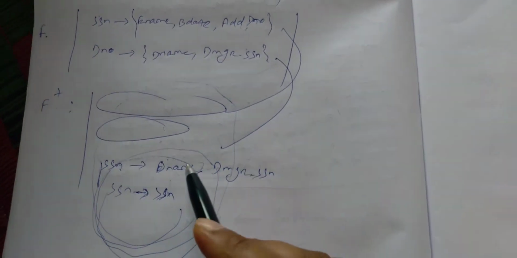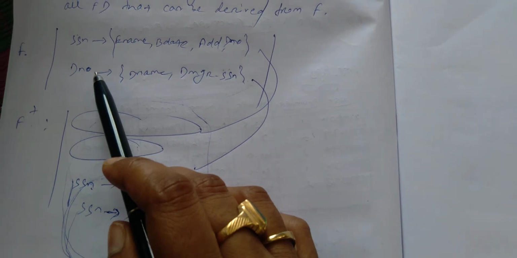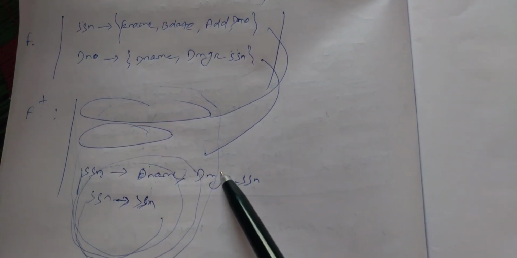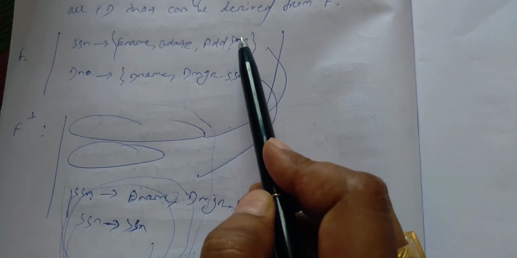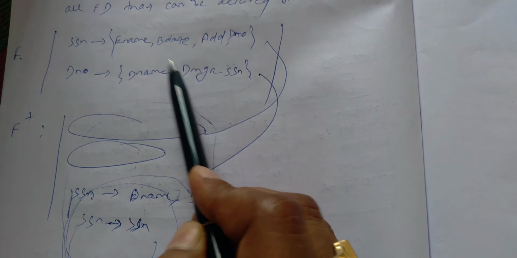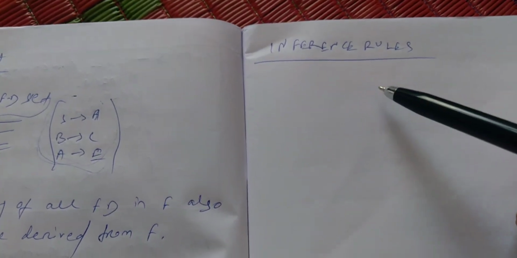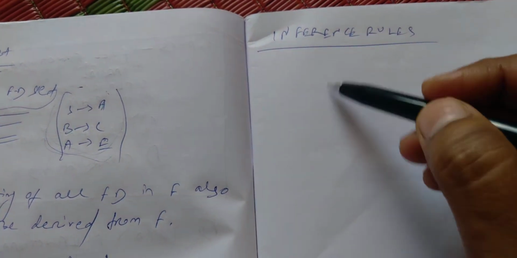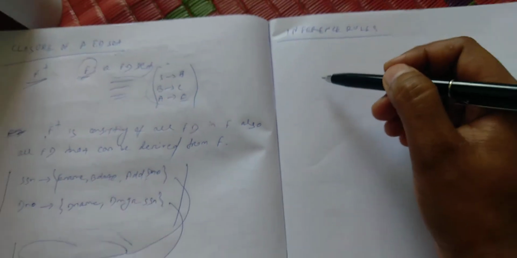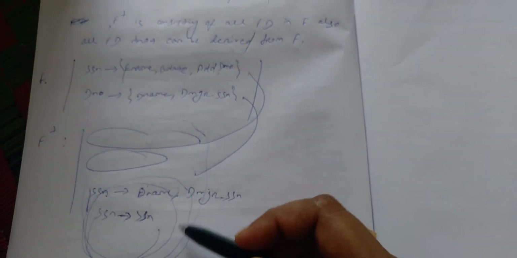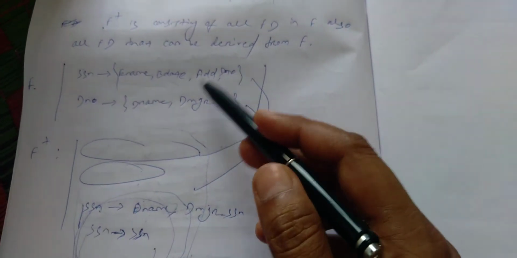That thing which I said, that you can derive SSN determining D name and D manager SSN. How do you derive this? SSN was determining D number and D number is determining these two, so SSN can also determine these two. I got this using some kind of rule. So inference rules are for that purpose: using them you can derive some more valid dependencies from the existing functional dependencies.